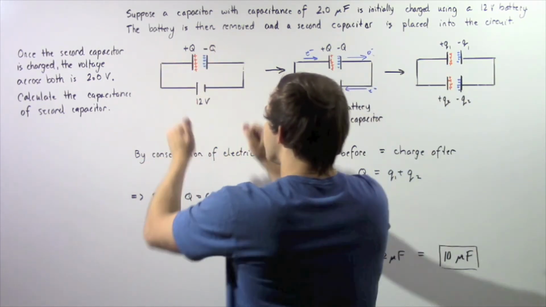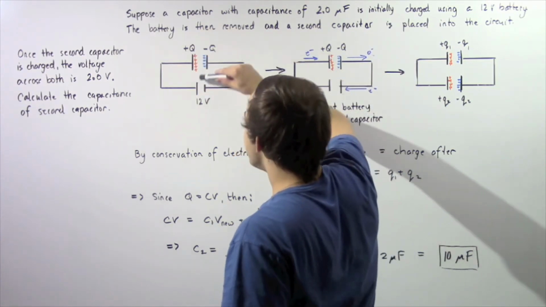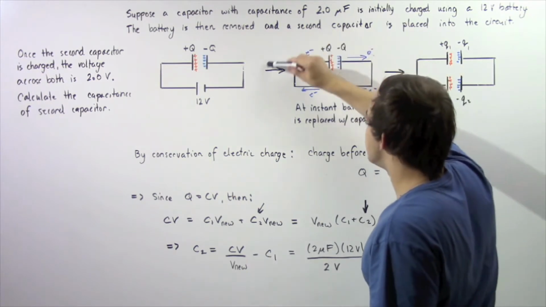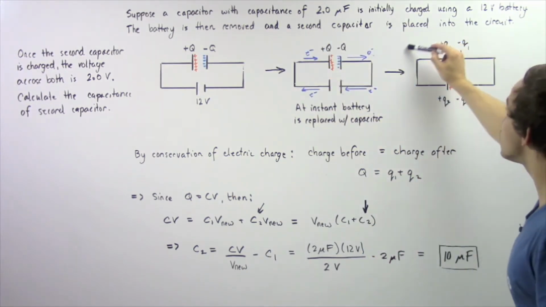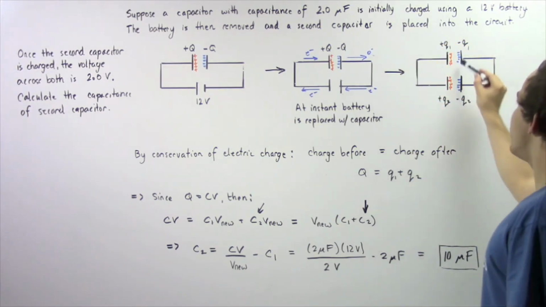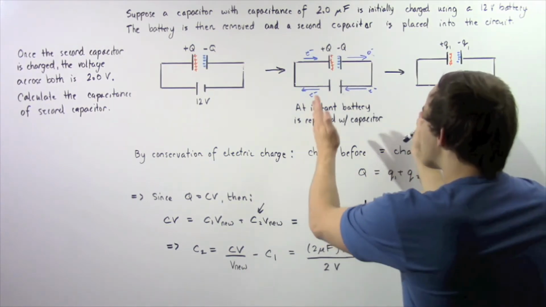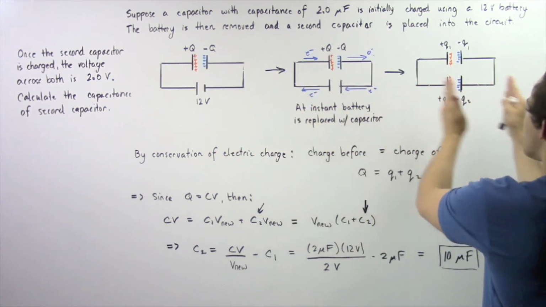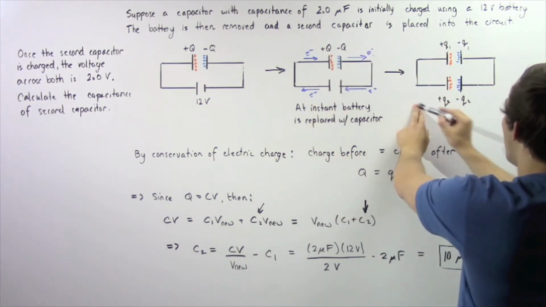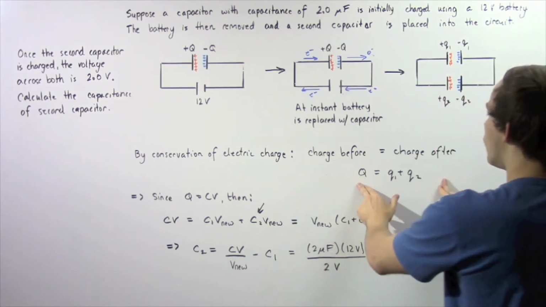So now, let's only examine the left side of our electric circuit. Beginning from here, the left side, and by left side we mean this side, has a positive Q charge. This side has a positive Q charge, and this side should also have a positive Q charge. So positive Q is equal to Q1 plus Q2. The charge before is equal to the charge after. So positive Q is equal to positive Q1 plus positive Q2, which is given by the following equation.